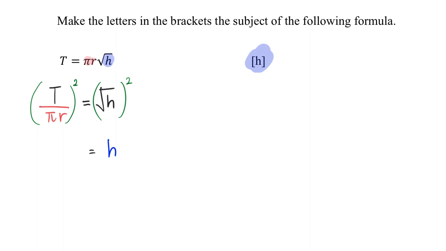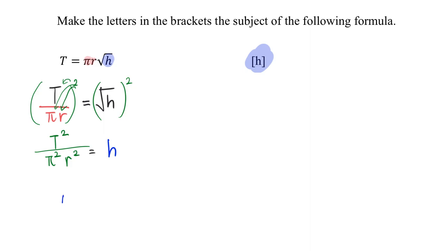And on the other side, we could then expand this out so that it will be T square over pi square R square.